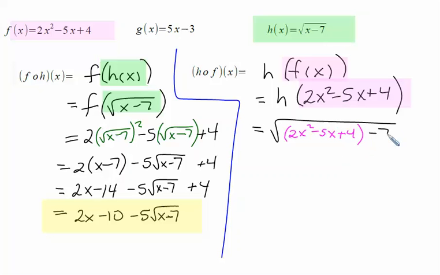And then we'll have a minus 7 on the side. Simplify it, so this is 2x squared minus 5x minus 3. There's no further simplification that can reasonably be done to that expression, so that's where we would stop. Now again, that was the overview algebraically of function composition. Let's look at the graph.